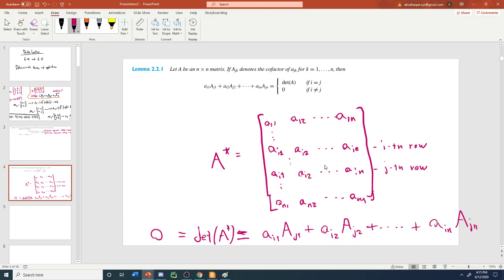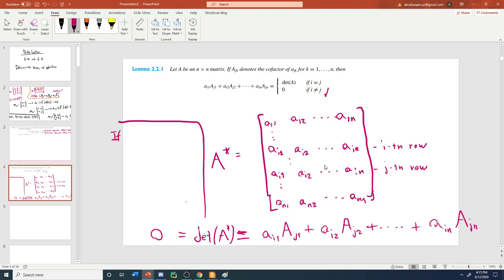And this shows that if i is not equal to j, then the determinant of this matrix, A star, is equal to this expression. But by our previous result, we know that this determinant also has to be 0. So this proves the case for when i is not equal to j.